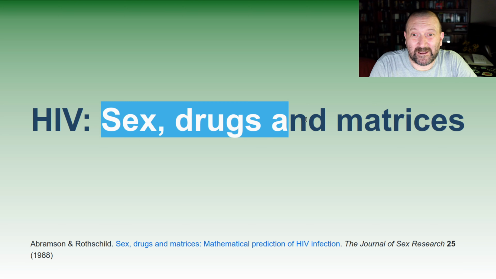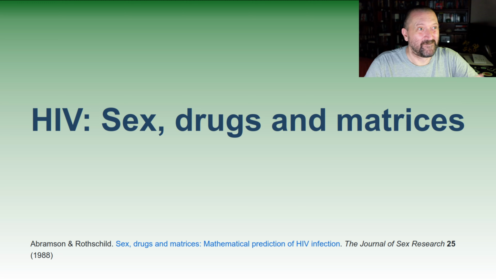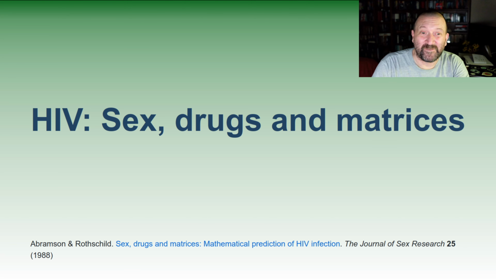And interestingly, I had never heard about this paper, which for me is a perfect title, but doesn't seem to have picked up so much. So this was written, I'll point out, quite early on in the HIV epidemic. At the time, not a lot was known about HIV, much less than now. And that's one of the first models that was produced about HIV.